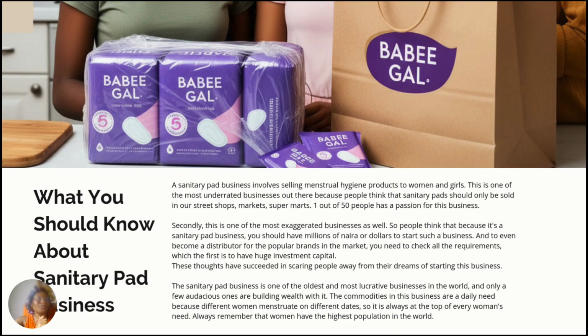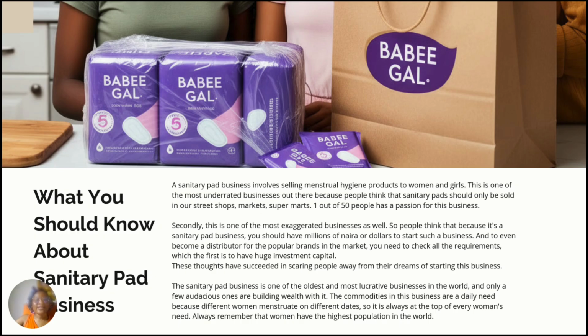So now, what you should know about the sanitary pad business. The sanitary pad business is assumed to be a business that you need too much money to start. So let me read that because that is what this particular slide is talking about. A sanitary pad business involves selling menstrual hygiene products to women and girls.